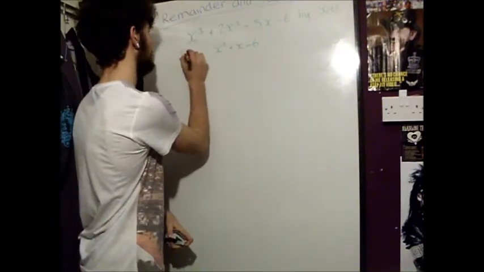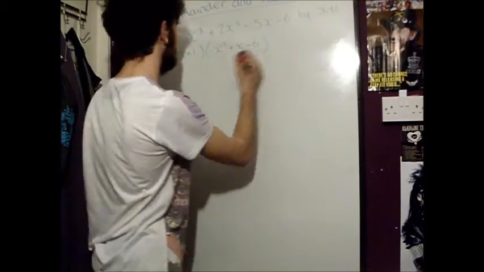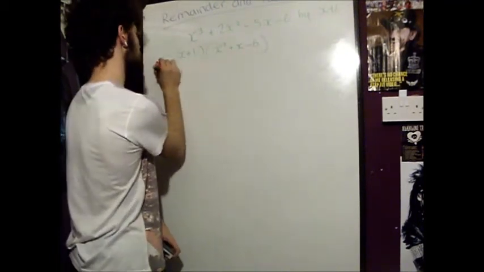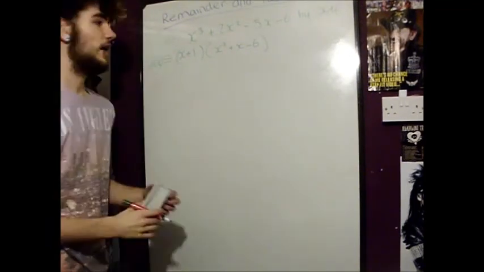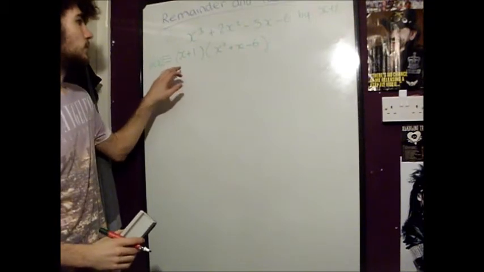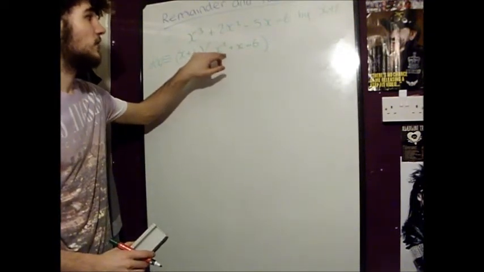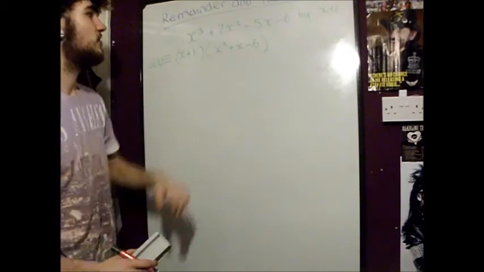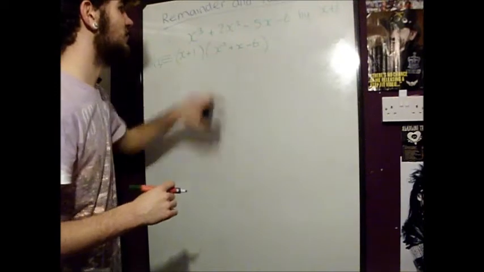So I can put x plus 1, which is always equal to f of x. So f of x is always equal to x plus 1 times x squared plus x minus 6. And if we want to factorise this fully, we can factorise the quadratic equation.